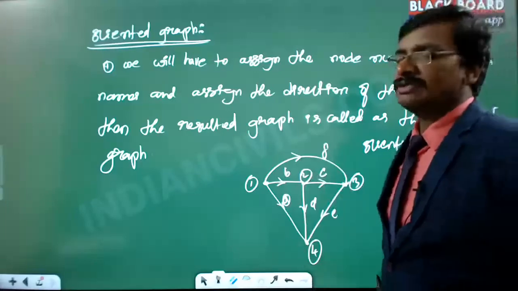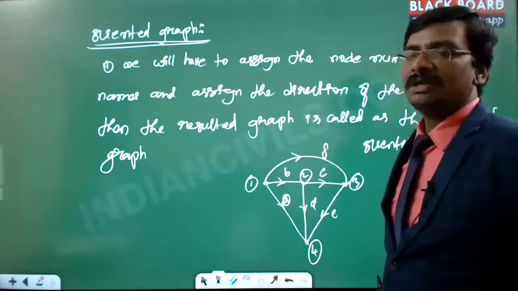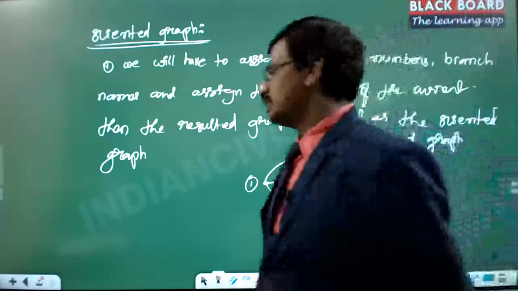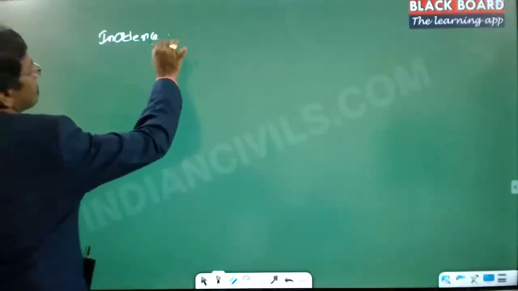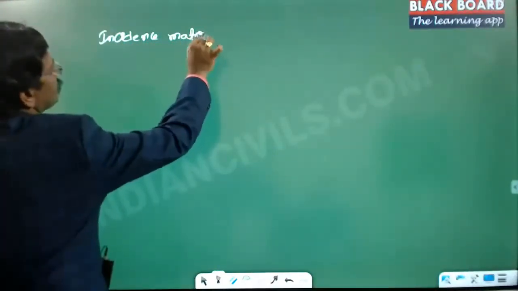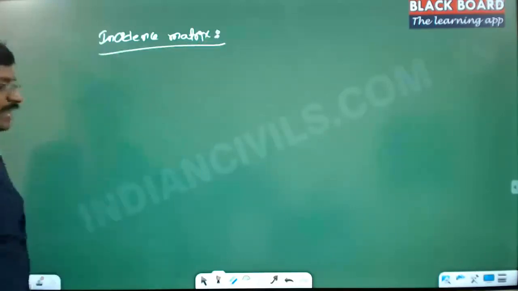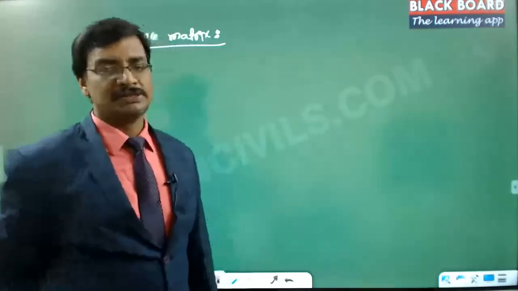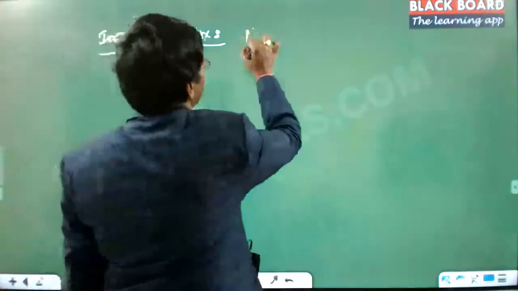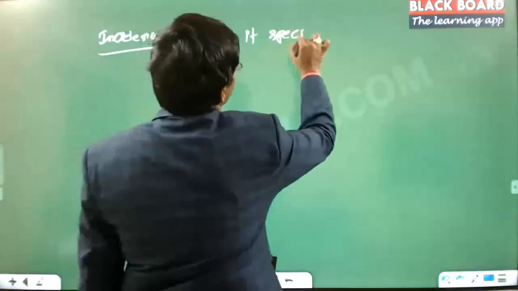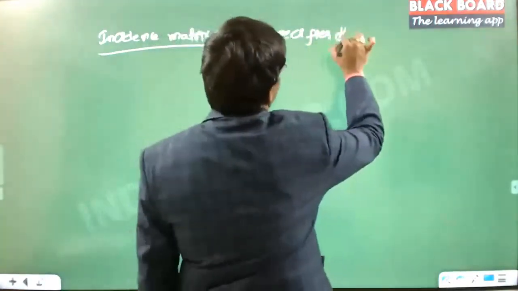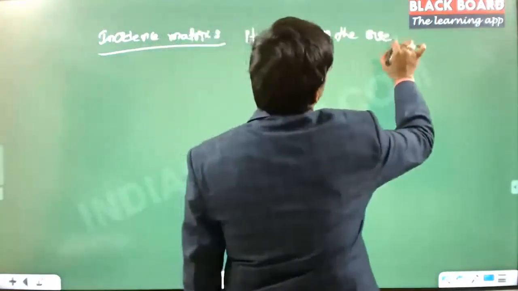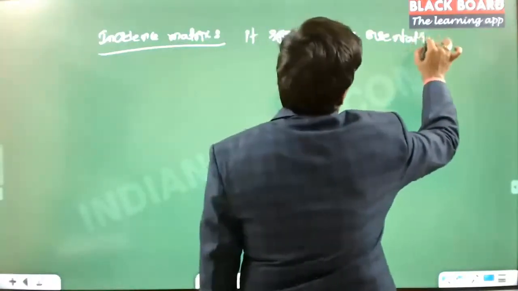Now, this oriented graph we will be using to form the incidence matrix. So what is this incidence matrix? This incidence matrix specifies the directions of the currents in each of the branches, so it specifies the orientation information.